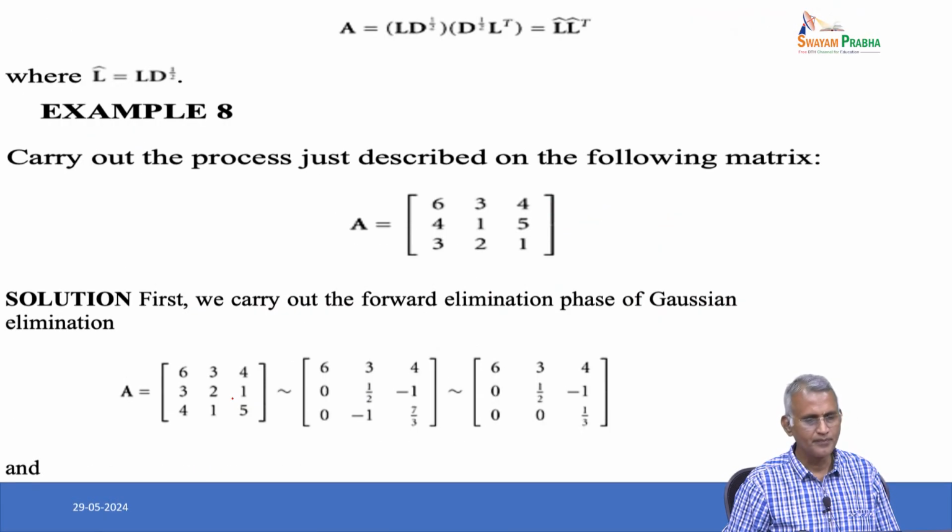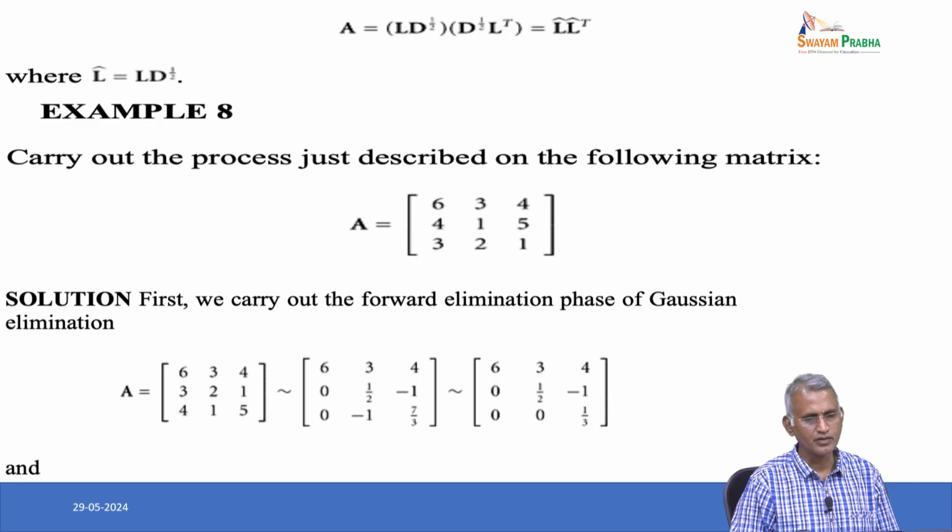So we obtain L tilde equal to L D power 1/2, that is, A equals L D power 1/2 into D power 1/2 into L transpose, which is equal to L tilde L tilde transpose, where L tilde stands for L D power 1/2. Keep this in mind. So we can understand the LDL transpose factorization. Now we are going to discuss one example.